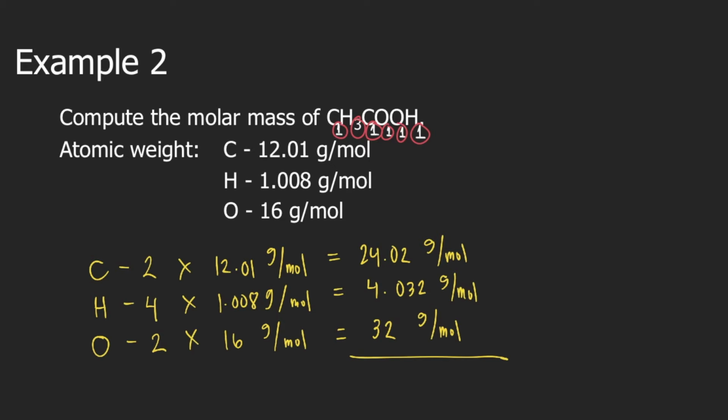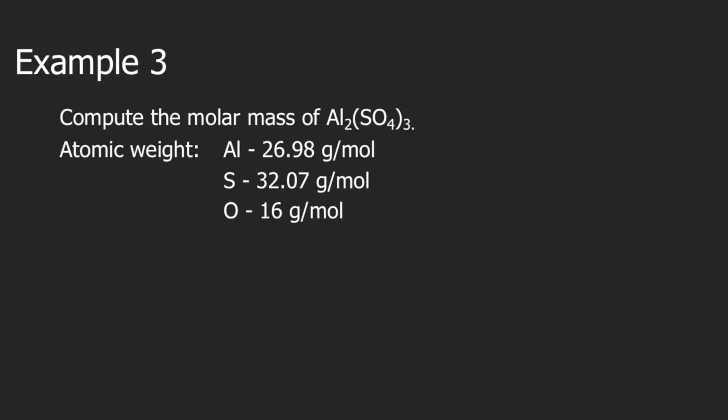And you get the total, 24.02 plus 4.032 plus 32, this is equal to 60.052 grams per mole. So this is the molar mass of the compound. For example 3, compute the molar mass of aluminum sulfate or Al2(SO4)3.